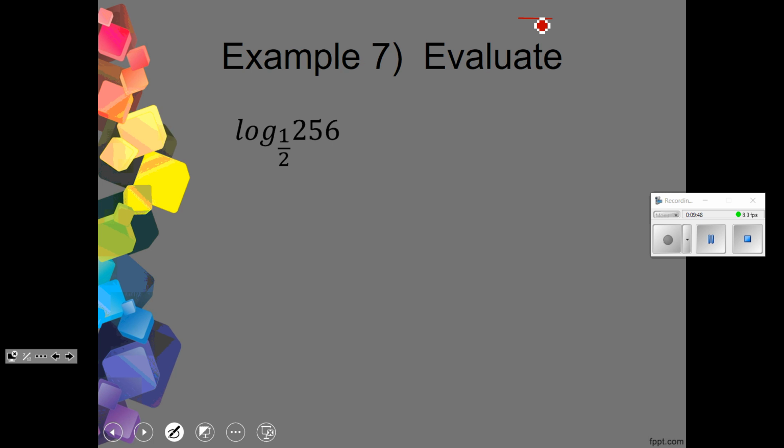So this says to us 1/2 to what power would equal 256? What do you think?